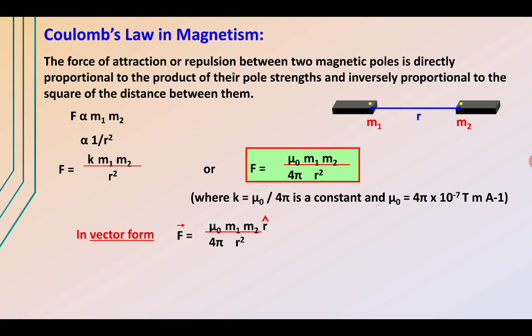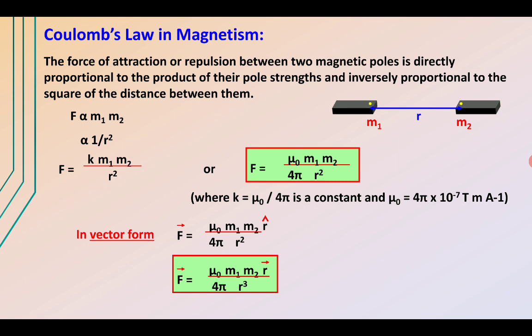This r unit vector represents the direction of force, and we know that the r unit vector can also be written as the vector r divided by the modulus of r. Again, the net resultant force of attraction or repulsion between two bar magnets in vector form is written as F equals mu naught upon 4 pi m1 m2 r vector divided by r cube.